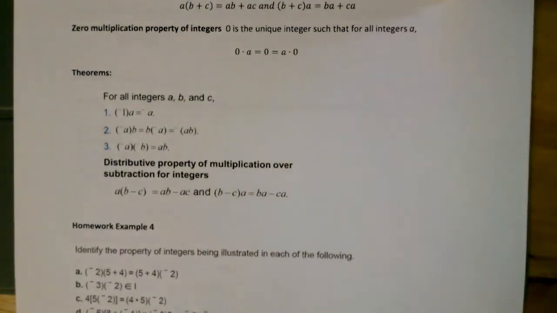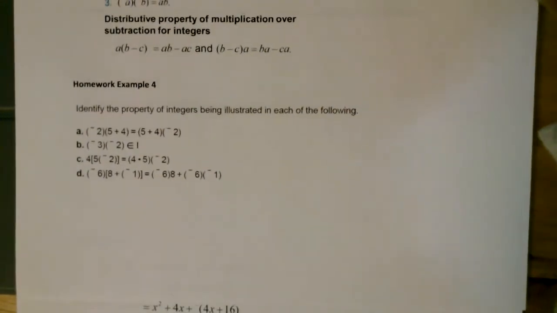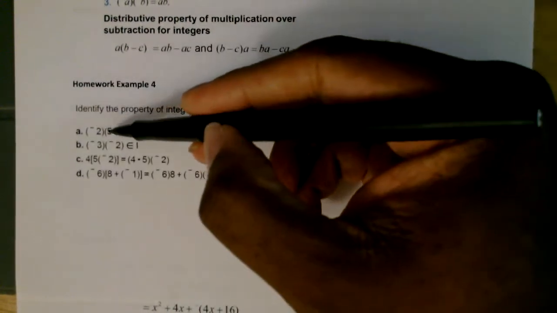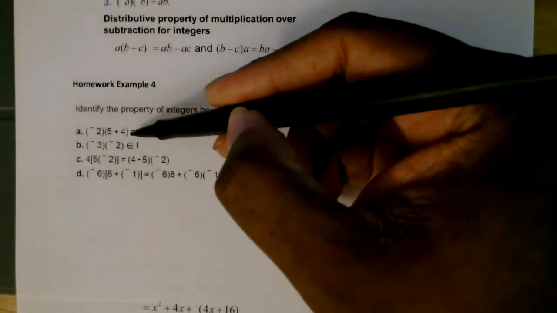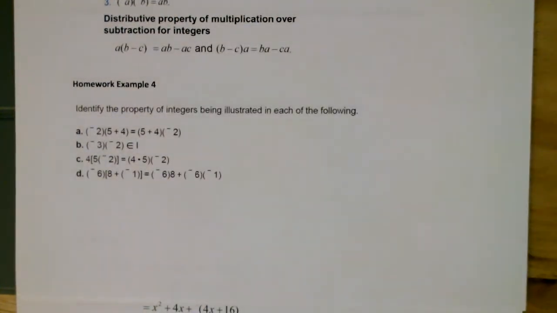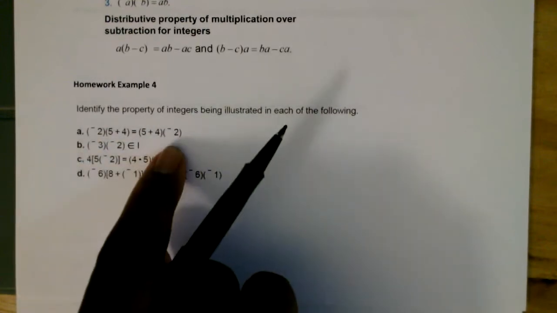Okay, so now let's look at this example where we're going to identify the properties of integers being illustrated in each of the following. All right, so let's take a look at this one. -2 times the quantity 5 plus 4, that's equal to the quantity of 5 plus 4 multiplied by -2. Notice that the order of these factors has changed.